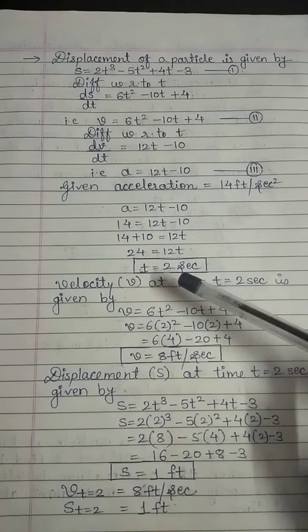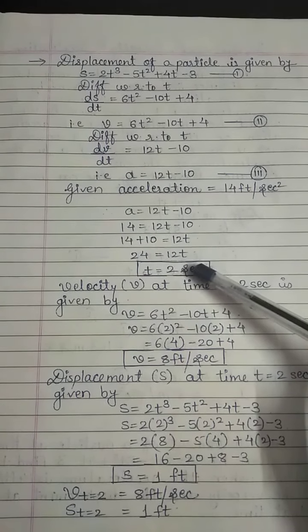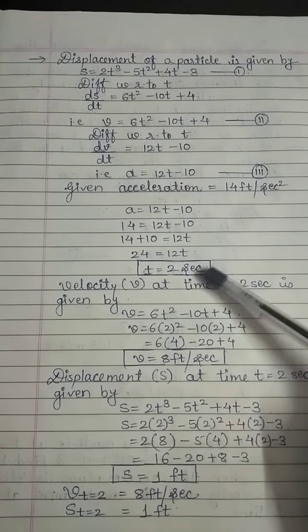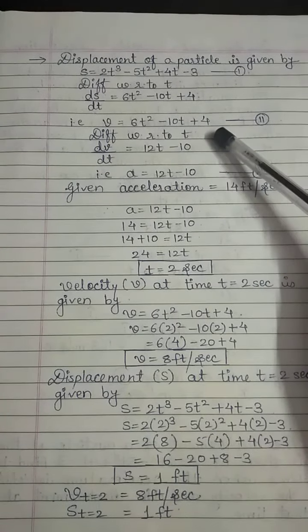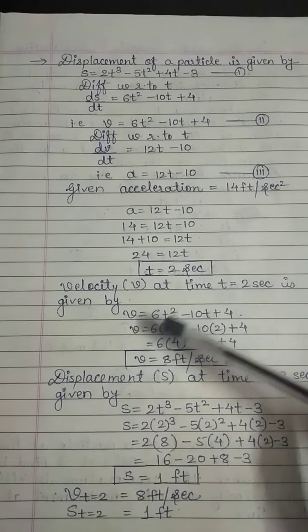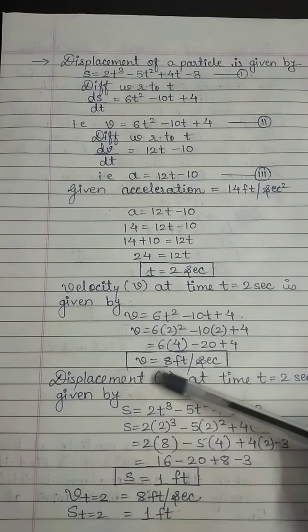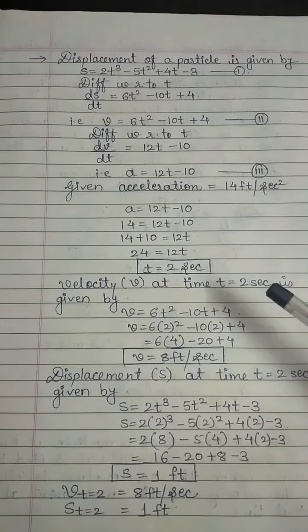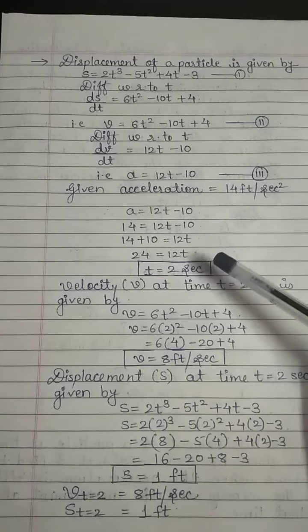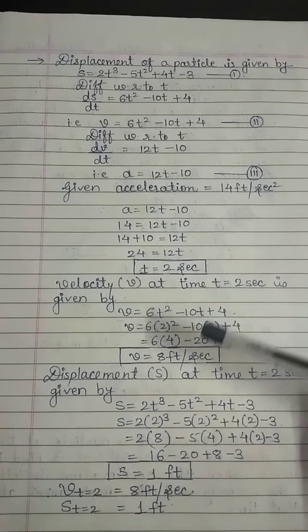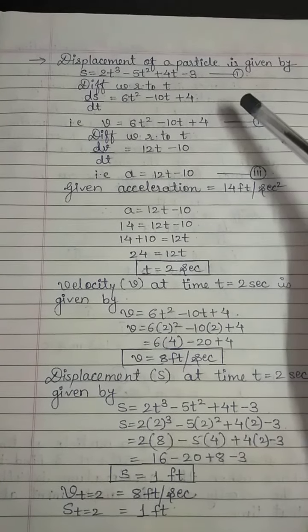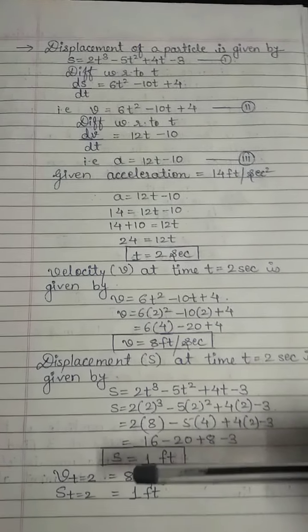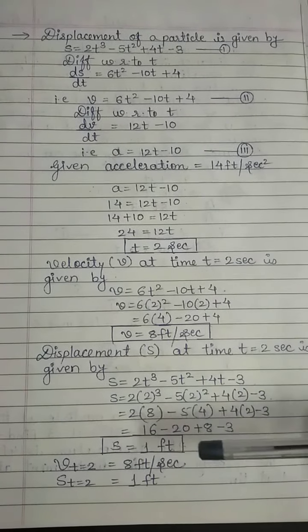Now we want the velocity and displacement at this time. So substituting value of t = 2 seconds in the equation of velocity, that is equation number 2, and simplifying, we get velocity is equal to 8 feet per second, and substituting the same value of t = 2 seconds in the equation number 1, that is equation of displacement, and simplifying, we get displacement is equal to 1 feet.